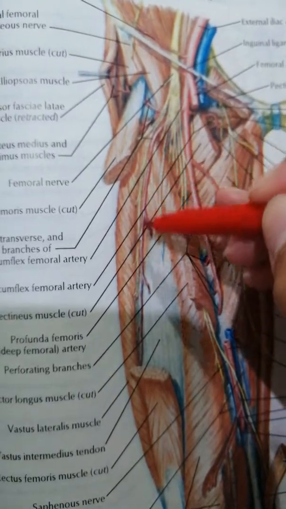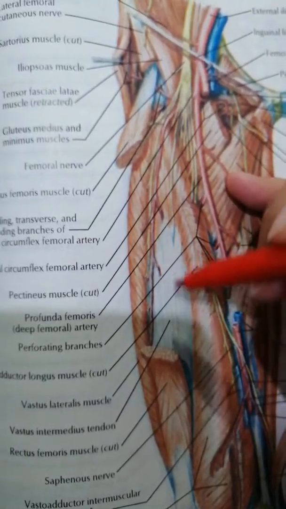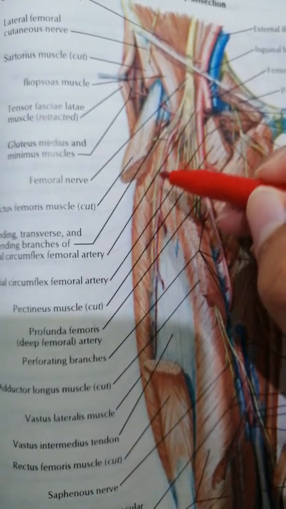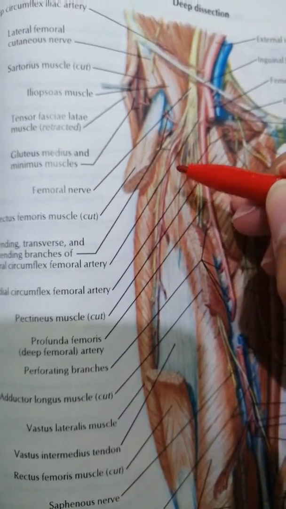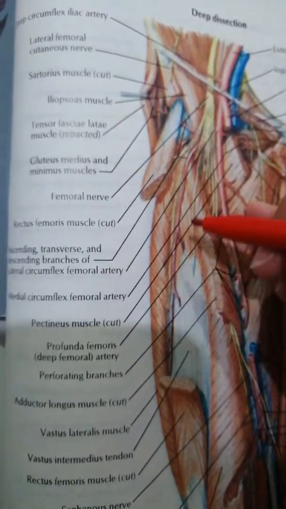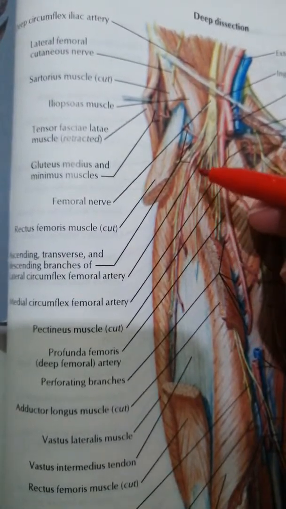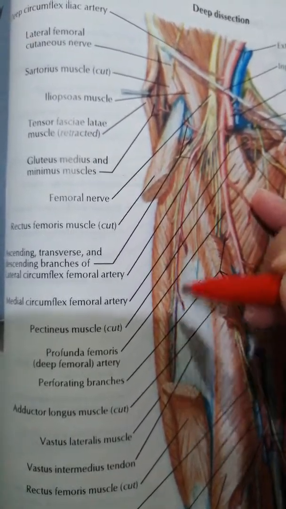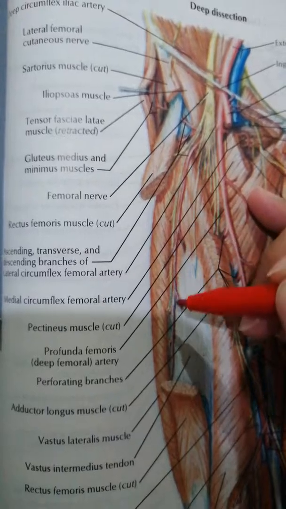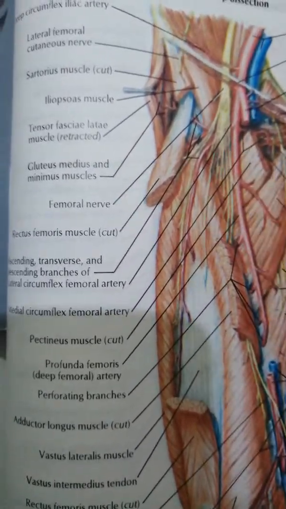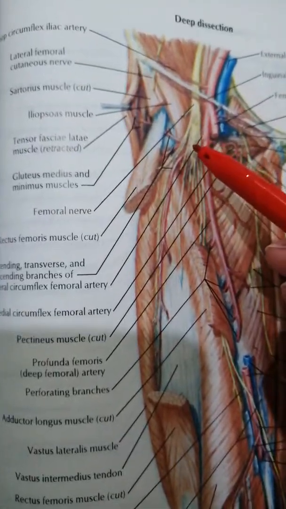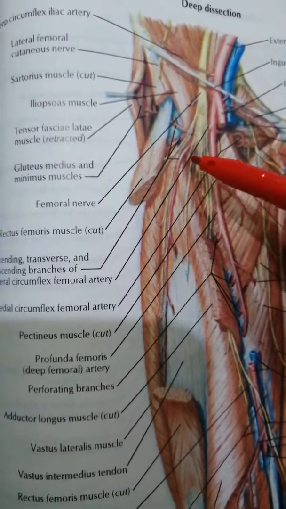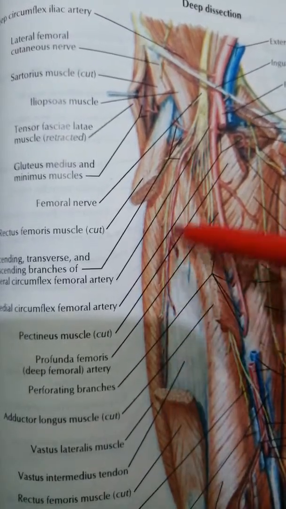So the descending branch passes on the anterior border of the vastus lateralis, descending on the anterior surface of the vastus lateralis muscle. It should be easy to remember because this is the lateral circumflex and the vastus lateralis is the lateralmost of the three vasti muscles.